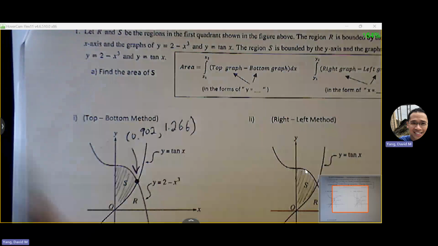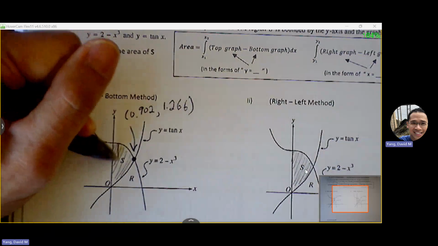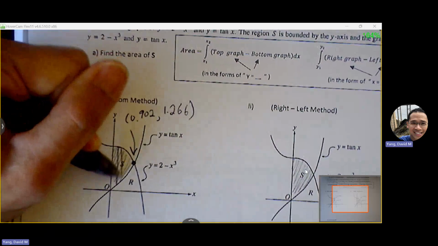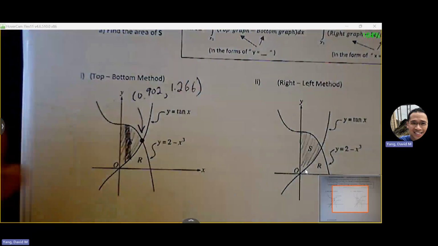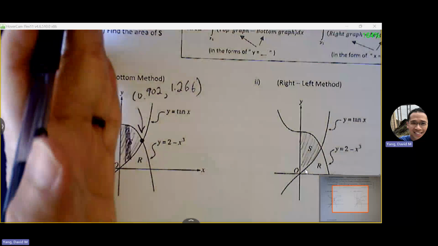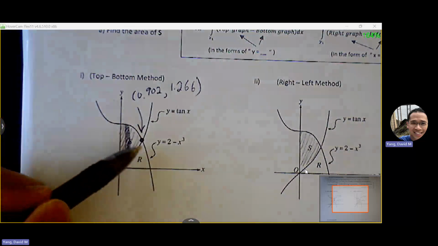Okay, so this should be a quick, easy setup because we see, let me just draw one representative rectangle so you can kind of see what's going on here. Ultimately, we have infinitely thin rectangles, but they are stacked this way. They're stacked from the y-axis all the way to where that intersecting point is.